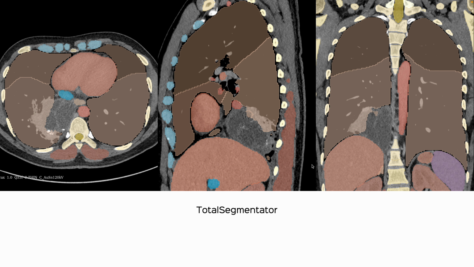But I've been experimenting with TotalSegmentator, and while the new version of Osirix will have a TotalSegmentator plugin, at least right now, the challenge is that it needs 24 GB of RAM. And I have a Mac Mini M4 with 16 GB. So the plugin doesn't work. And so I started using 3D Slicer.